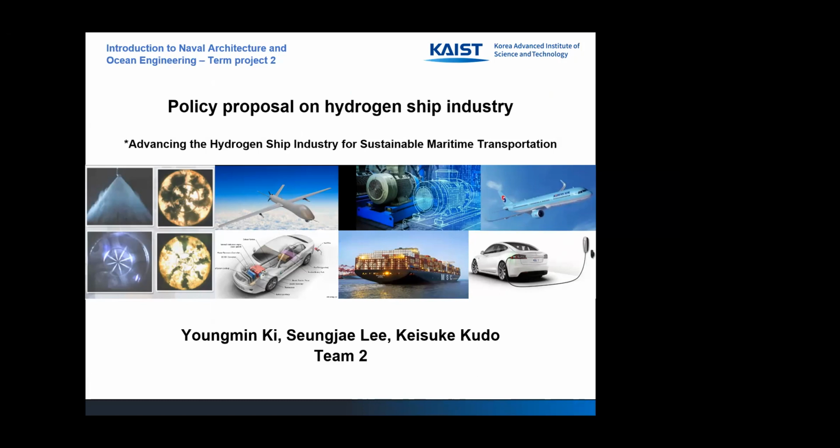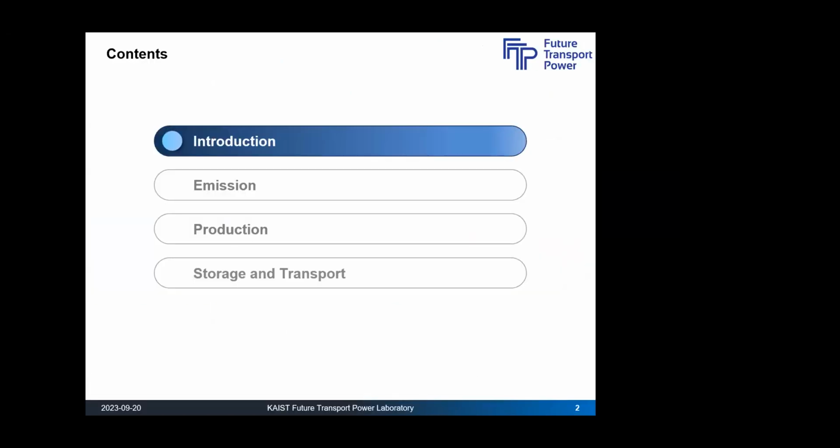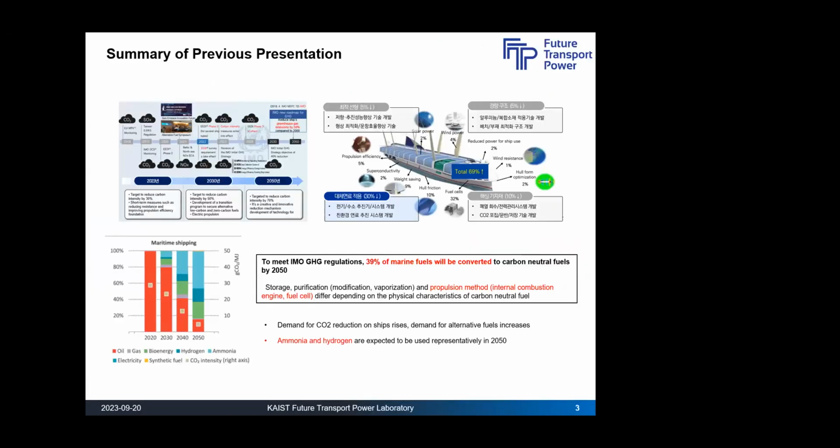So, as in the previous presentation, we talked about how hydrogen gas is a really important material for any type of transportation, not only ships, but also for making electricity or for people.